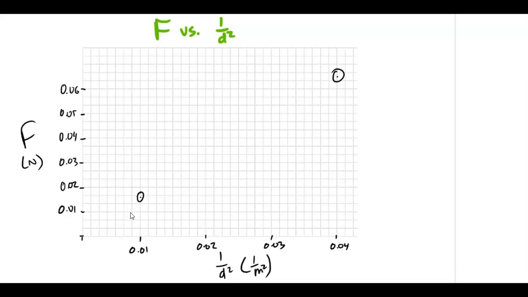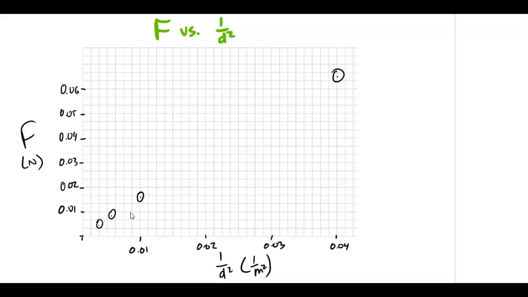0.0044, so about here, and that sits at 0.07, be somewhere around here. We've got 0.0025 and 0.4, which would be somewhere around here. And lastly, we've got 0.0016 and 0.03.